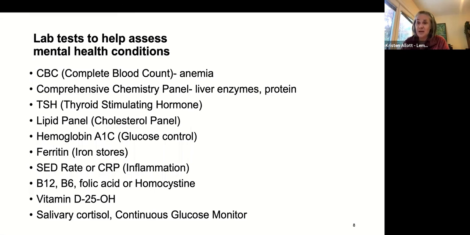And so they get it done the first month, and sure enough, their liver enzymes are high. And then they're really upset because they think they did liver damage. And you know what they do when they're really upset? They drink, right? And so the main thing that you want to do if you have liver damage is not drink, right? So you want to make sure you have some sobriety legs before you get that information.